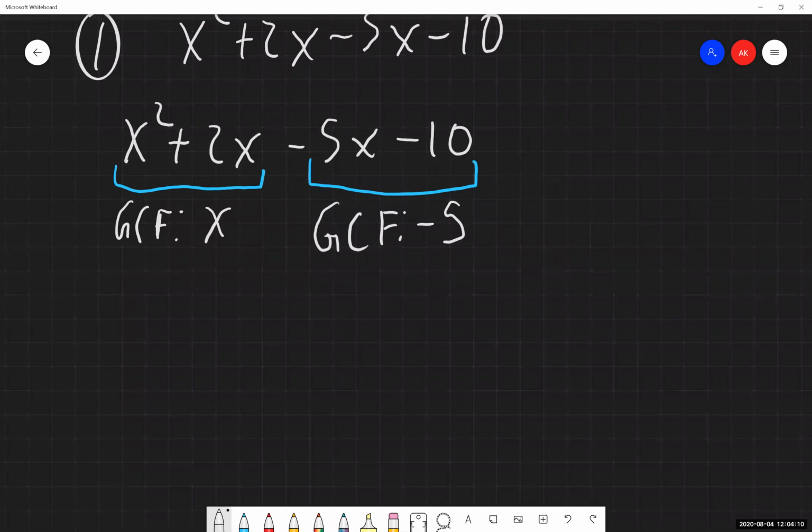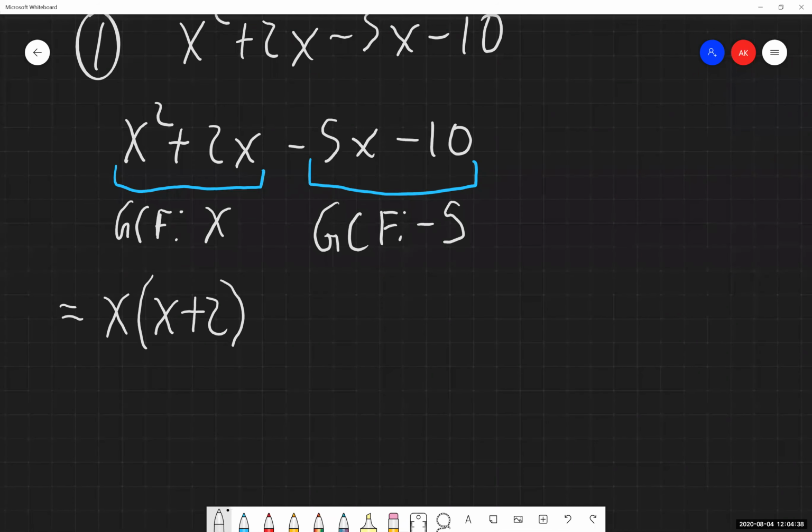So when we do that, we would go through and use our previously learned method of factoring something out with the greatest common factor. For the first pairing of terms, I would get x times x plus 2. Again, using the method that we just went through to get to that answer. I'm going through this a little bit more quickly only because I'm looking at our time. But the process is the exact same as our previous examples.